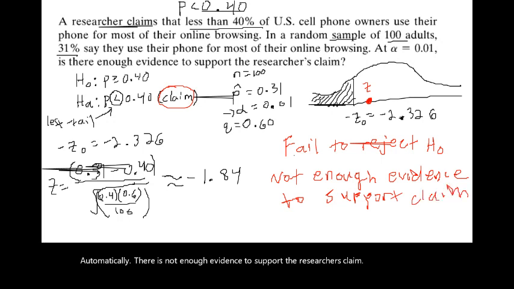So if you failed to reject H naught and your claim was HA, there is not enough evidence to support the researcher's claim that P is less than 0.40.